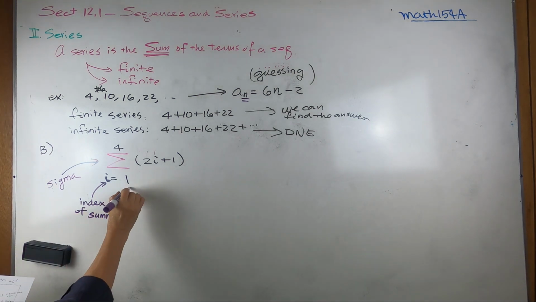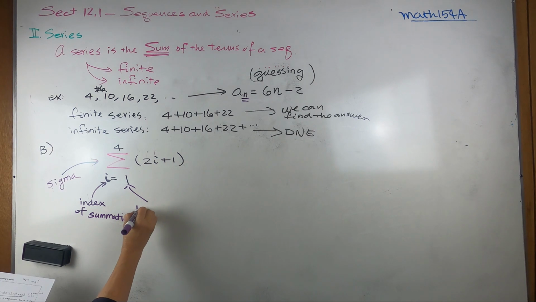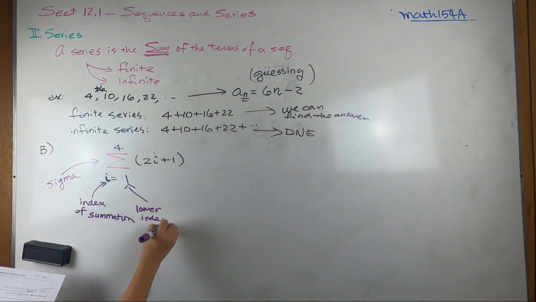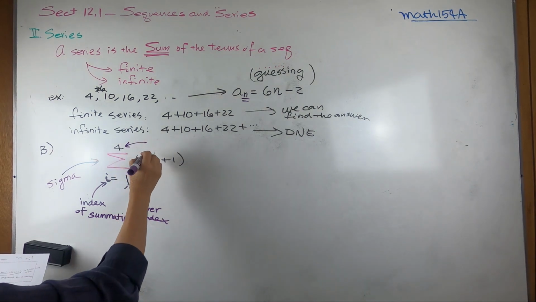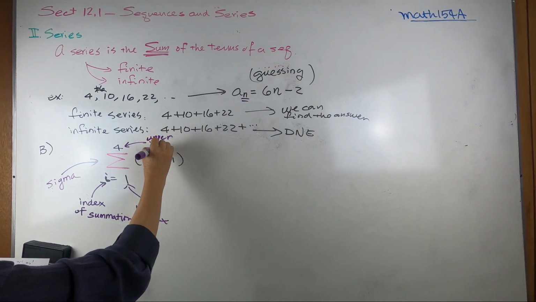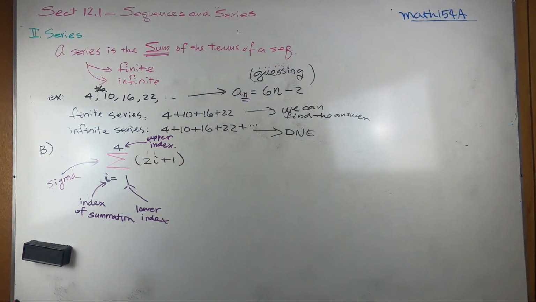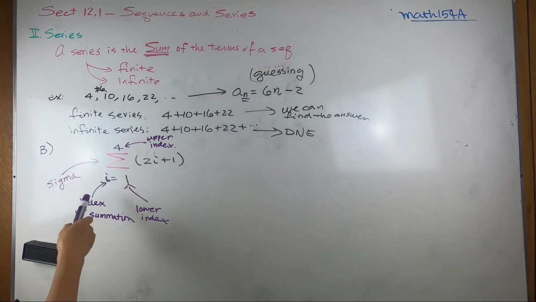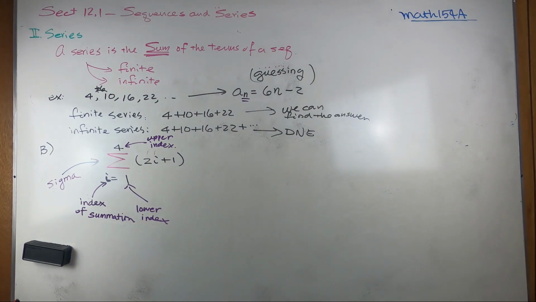All right, then 1 means what? Starting point, the lower index. The top one means what? Upper index. Okay, it means i will run from 1 to 4, meaning 1, 2, 3, 4.